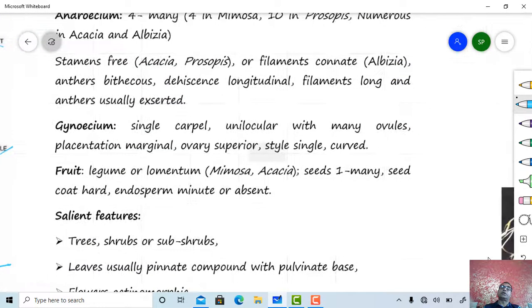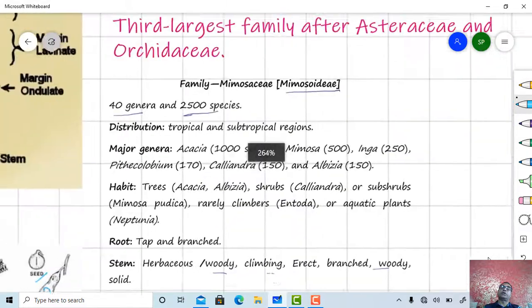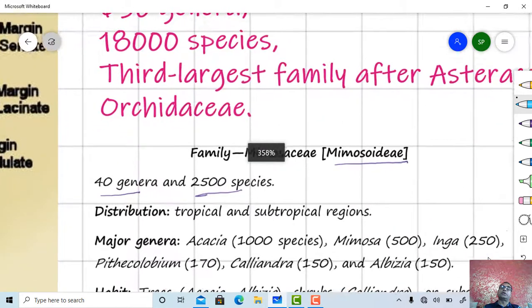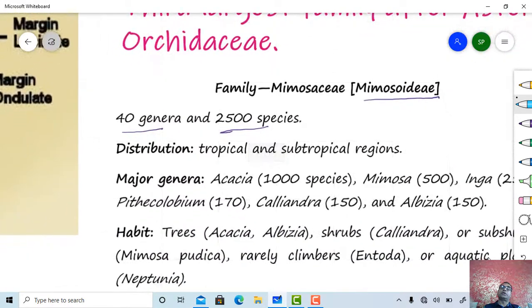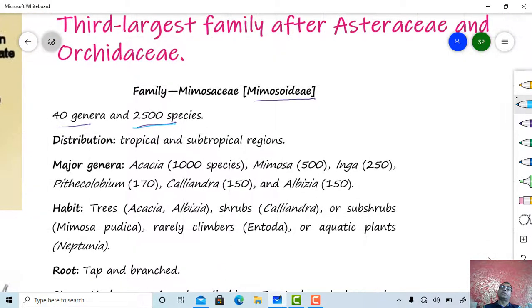Just see about the family Mimosaceae. Mimosaceae is a subfamily of Leguminosae or Fabaceae, and it shows 40 genera and about 2500 species. In distribution, the family members belong to the tropical and subtropical regions of the world.